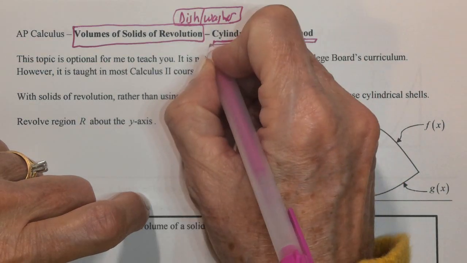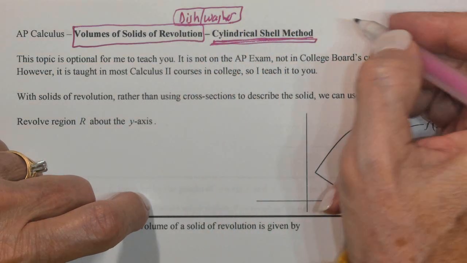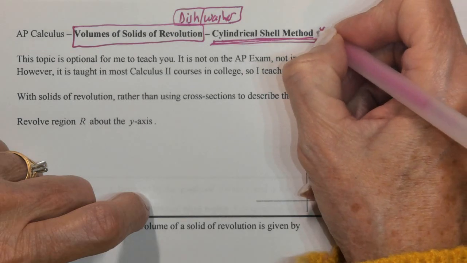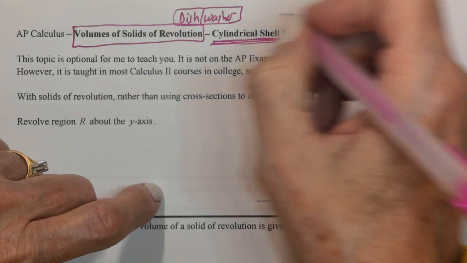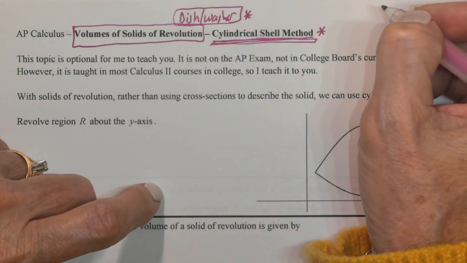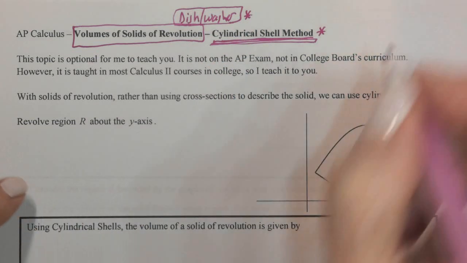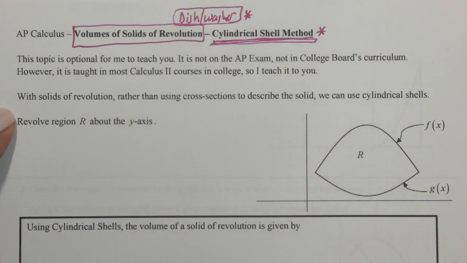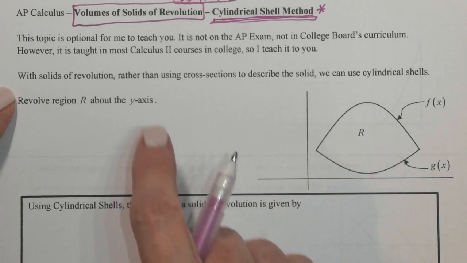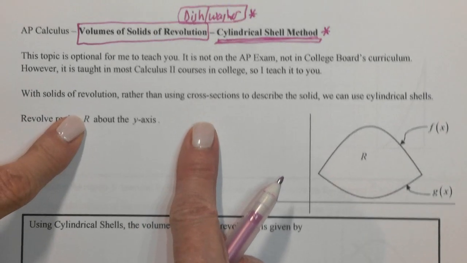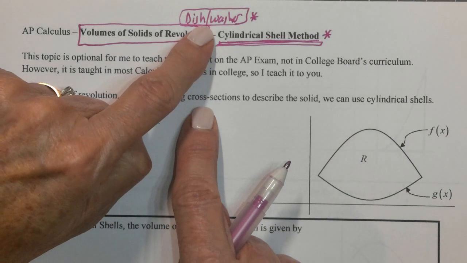But by the end of today, hopefully you'll know when you might want to use the cylindrical shell method and when the disc and washer method is preferable.